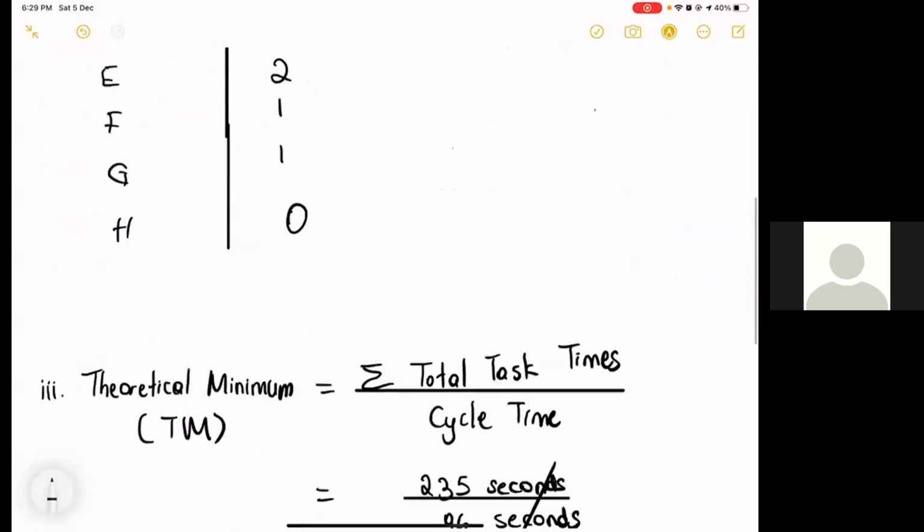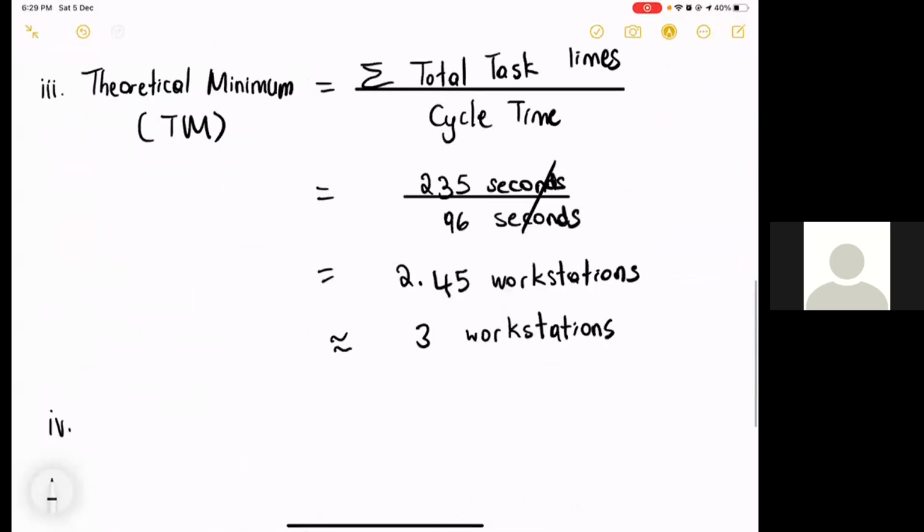Based on the calculation that we just did for the theoretical minimum, we would have realized that the optimal amount of workstations is 3. Try your best to get everything into that 3, but if it turns out, well, let me just leave it there. Just try to get it into the 3 here.